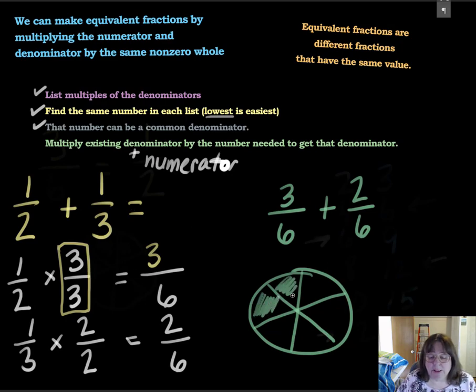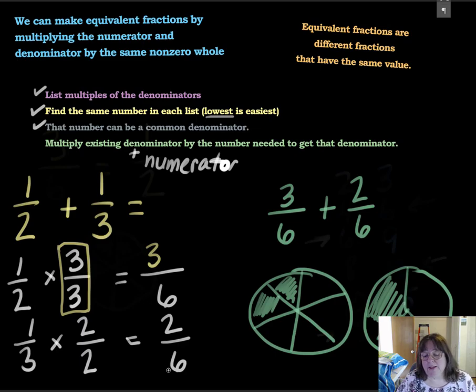This would be 2/6. Let me draw another one to compare. When I draw thirds, I like to put a circle in there, and then I go down to my circle, and then I make 2 legs. So 1/3. Well, my drawing's not exactly accurate, but 1/3 equals 2/6.